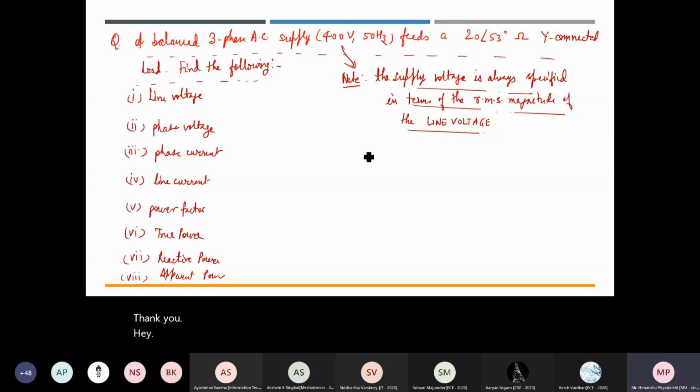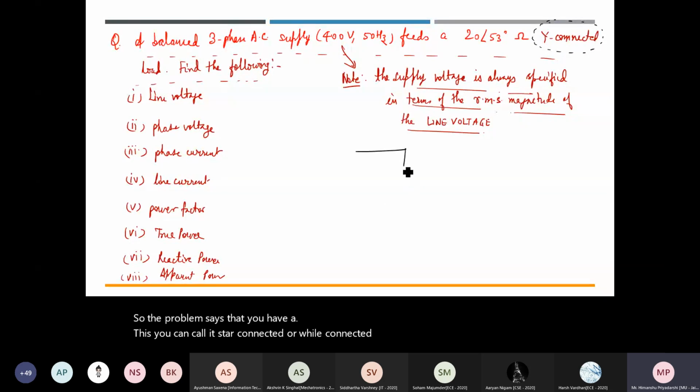So the problem says that you have this, you can call it star connected or Y connected, as Aryan says. Both of the notations are accepted.